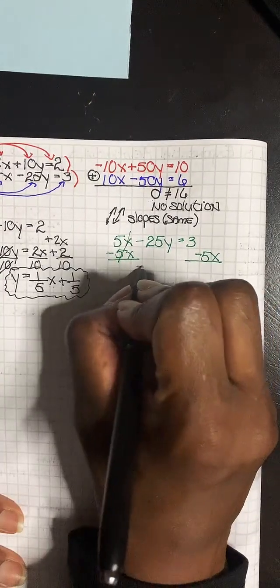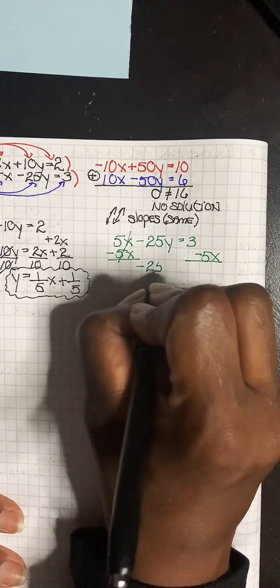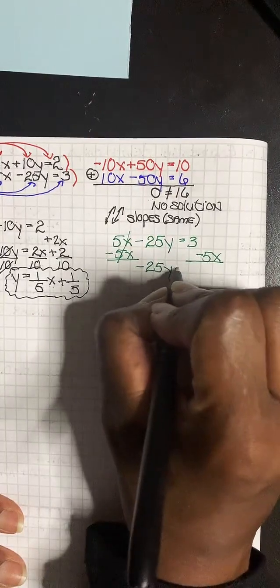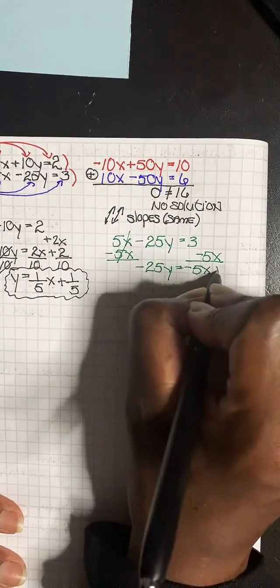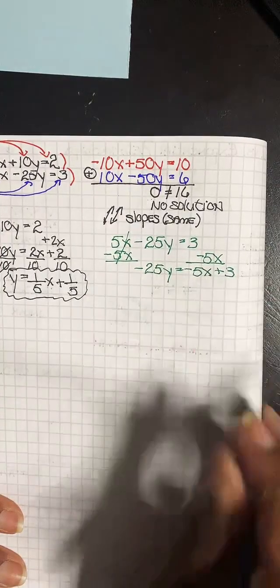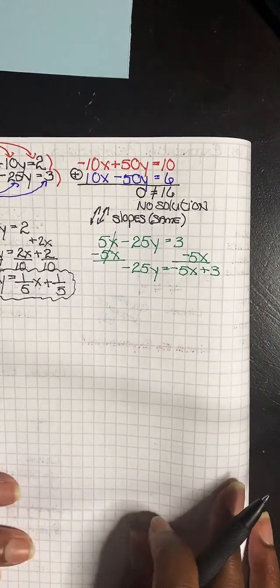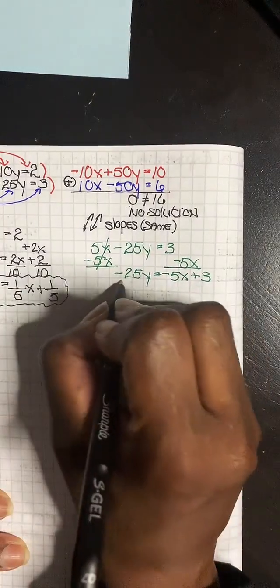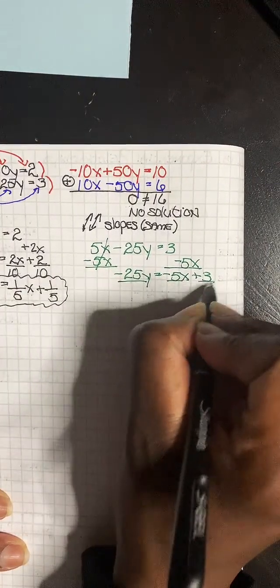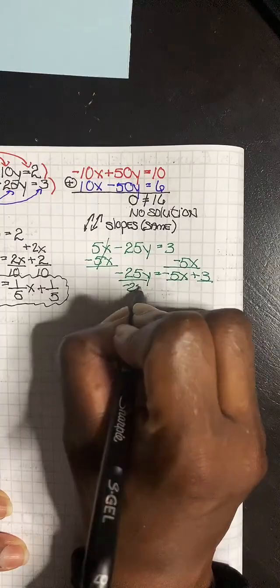So now we have negative 25y is equal to negative 5x plus 3. So we need to solve this for y. So I need to divide both sides, or everything really, by negative 25.